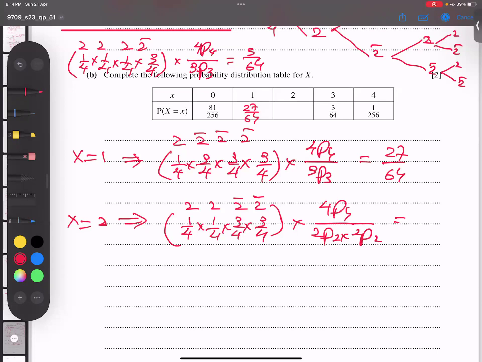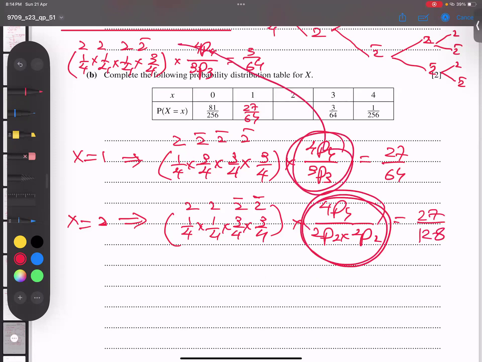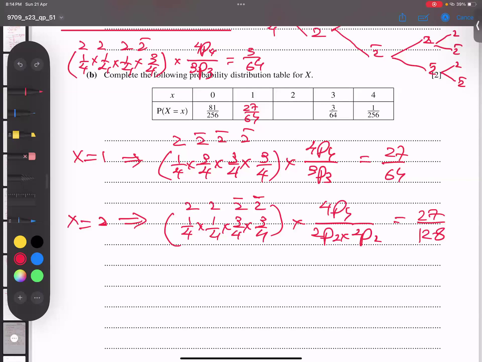I got the correct answer. If I type in the calculator, I was typing wrongly, but anyway, it is correct. So the answer is 27 over 128. So this is 6 actually, and this is 4 as I got before. I think the point is clear. Interestingly, if you add them all, the sum of the values is 1. Alhamdulillah, I believe you got the point very clear.